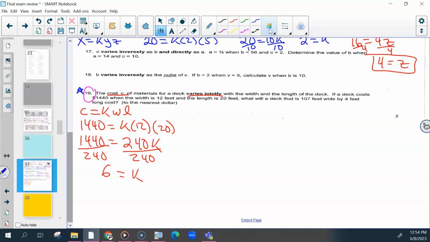Now we are looking for the cost, so we don't know C. Our K value is 6. Our width is now 107, and our length is now 4. Multiply all of those together.